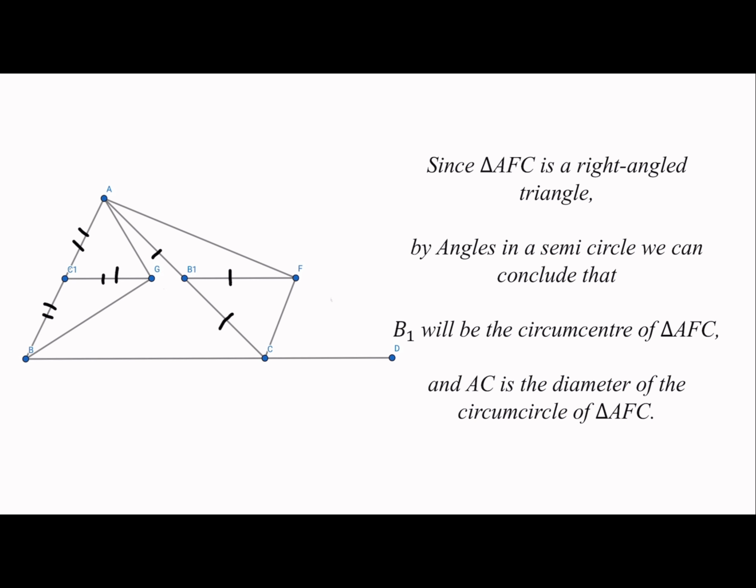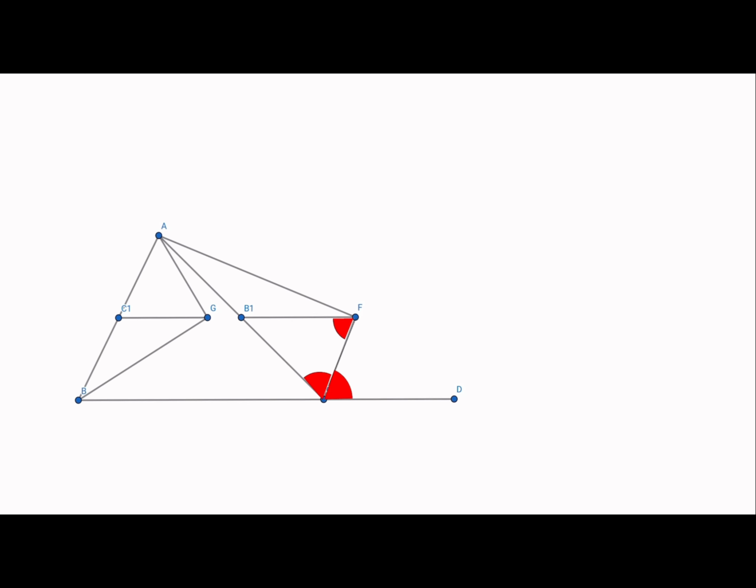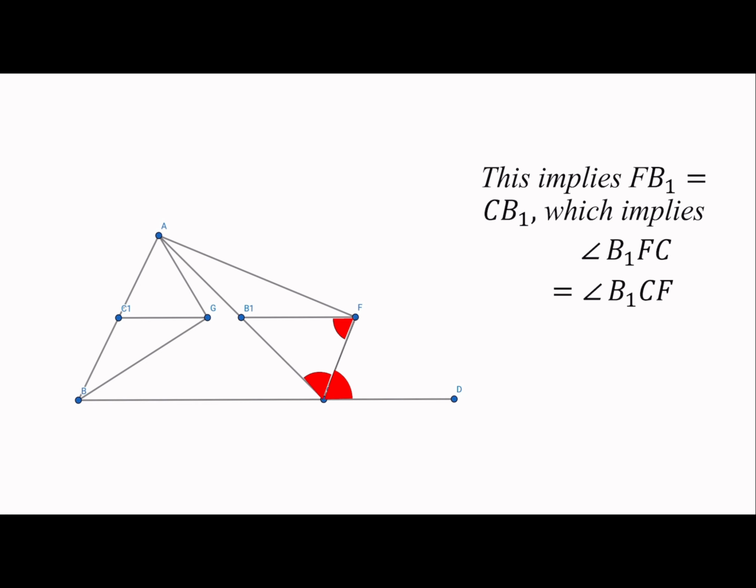Similarly, you can prove that C1 is the circumcenter of triangle AGB, and AC1 equals C1G equals C1B, and AB is the diameter of the circumcircle of AGB. This implies FB1 equals CB1, and it implies angle B1FC equals angle B1CF.